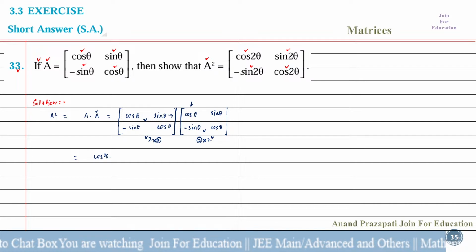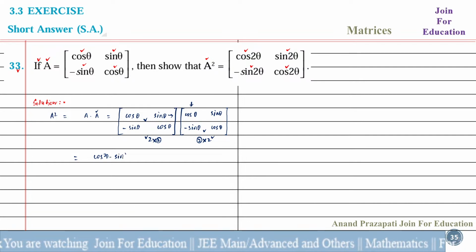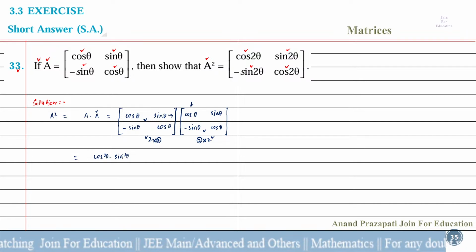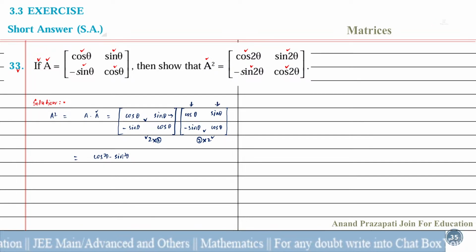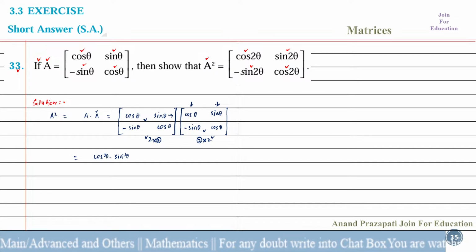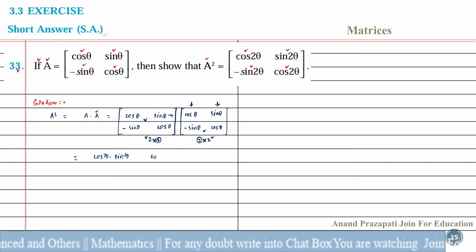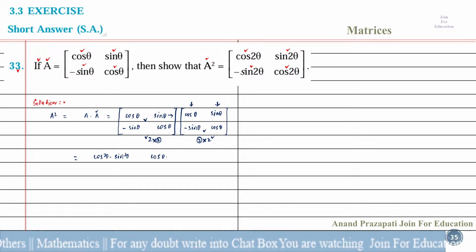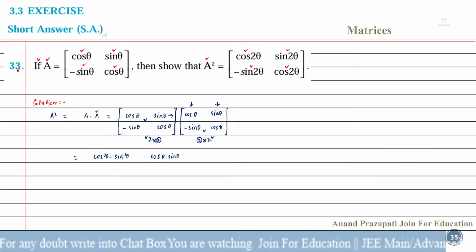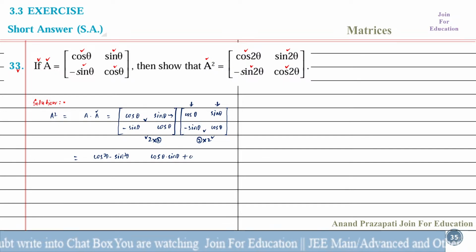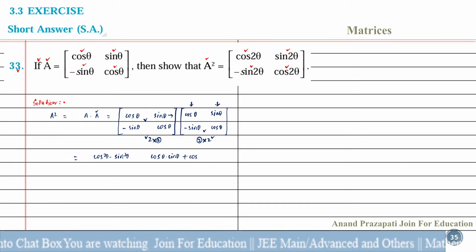First row along second column, then we write down here cos theta into sin theta plus sin theta into cos theta.